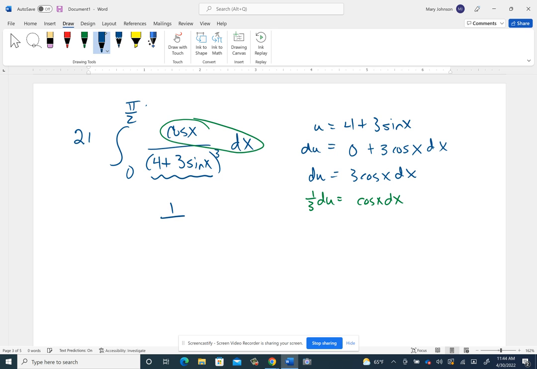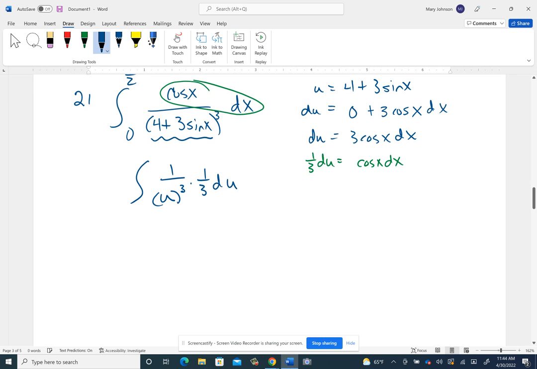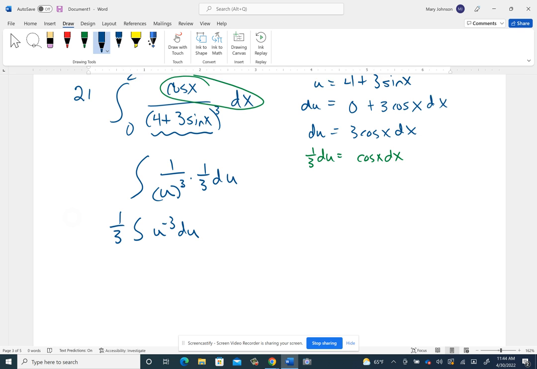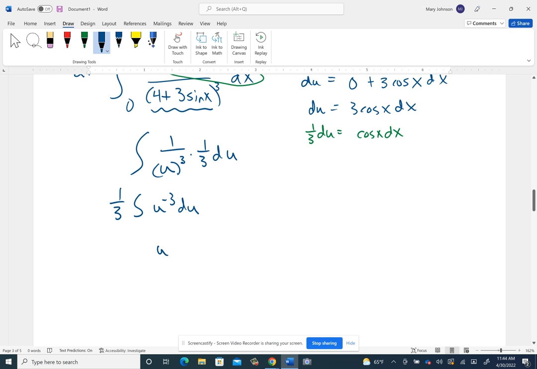I've really got 1 over u to the third, and then I've got 1/3 du right here. Okay, and I'm not going to put the bounds on that yet. So I'm going to bring the 1/3 out. I'm going to rewrite this as u to the -3, and I'm just going to do the integration now. So I would add 1, which would give me -2.